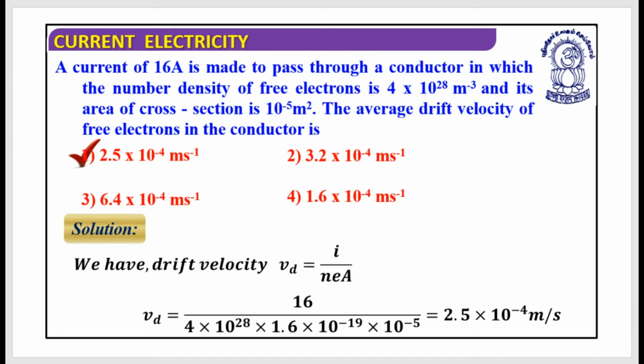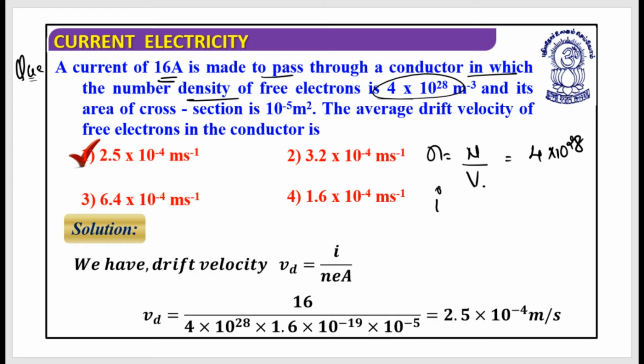Let's have a look. What does it say? It says that a current of 16 ampere is made to pass through a conductor in which the number density, the total number of free electrons in a unit volume, is given as 4 into 10 to the power 28 per meter cube.